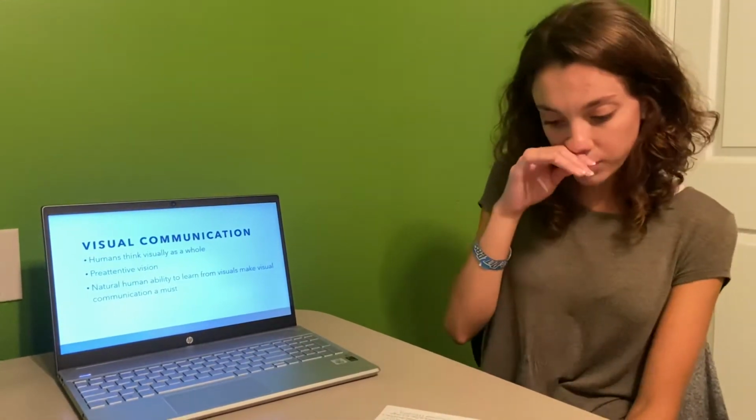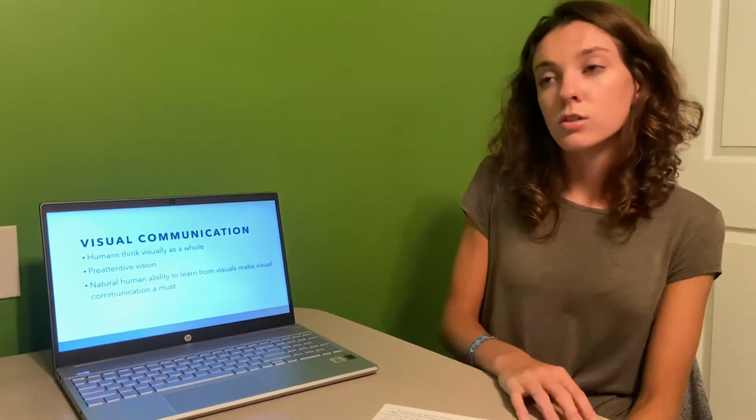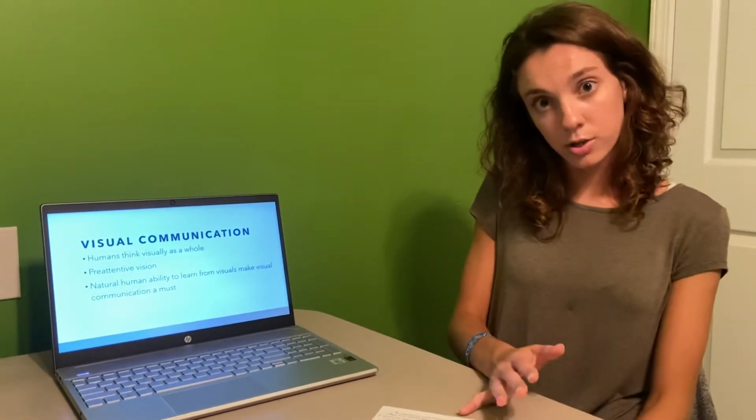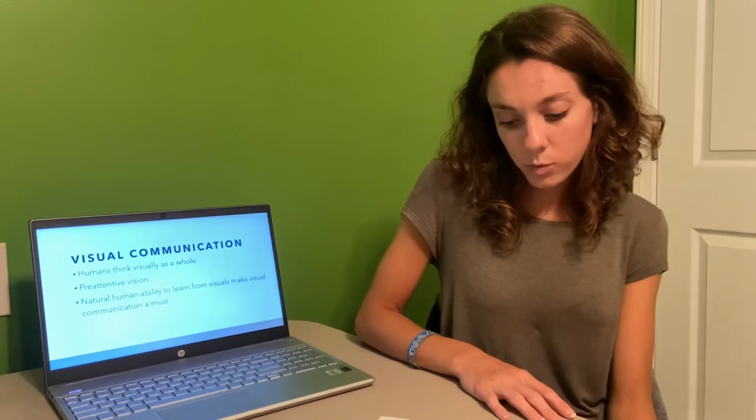So visual communication is really important because humans think visually as a whole. If you see a picture, your brain just processes it quicker and easier than if you have to read words, because of a thing called pre-attentive vision, which means that you process patterns globally at a glance.